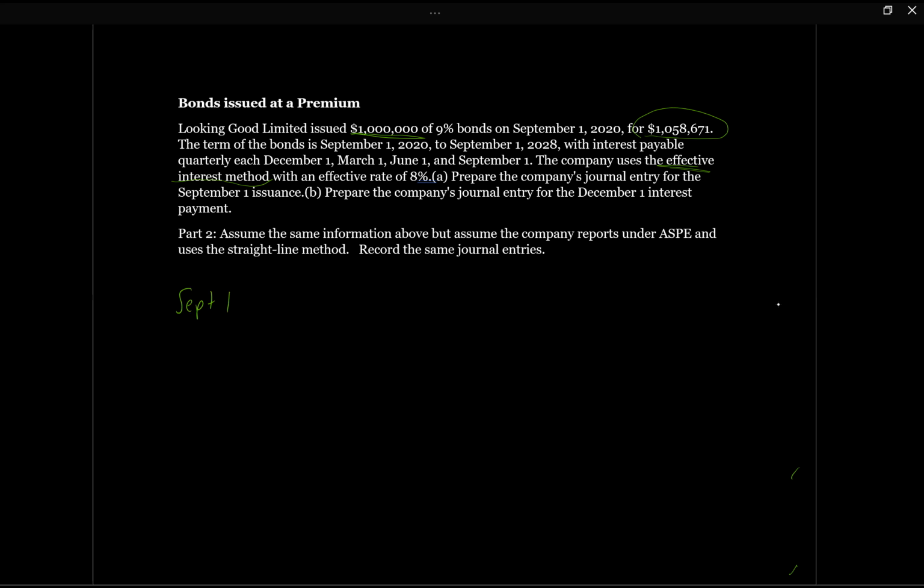September 1st, 2020, issuance. All right, so we know we're going to debit cash and credit bonds payable. So the company is going to receive cash for issuing these bonds. That's the whole reason that they're doing it.